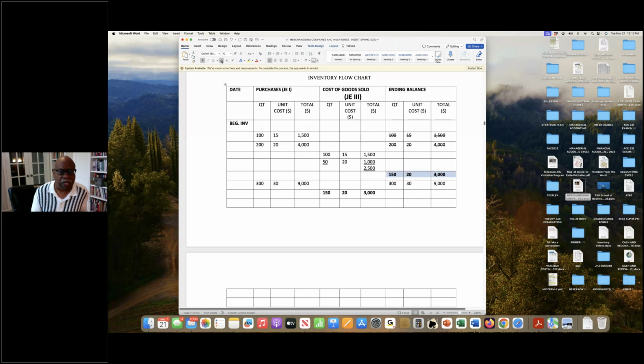But we sold 200, so we got to get what? 50 more. So that's going to come out of this group at the 30. So when we do that, then 50 times 30 is what? $1,500.